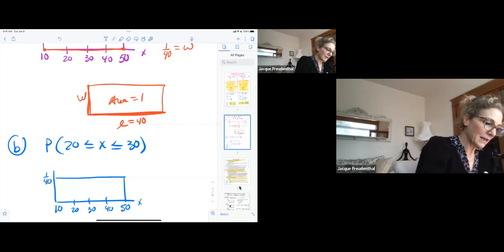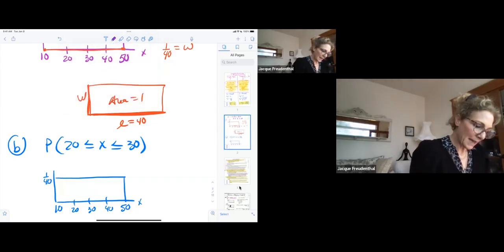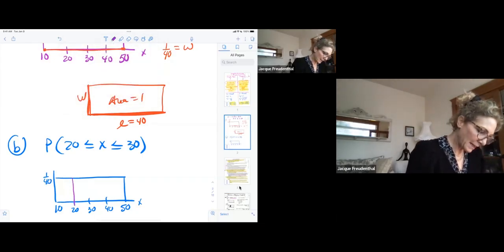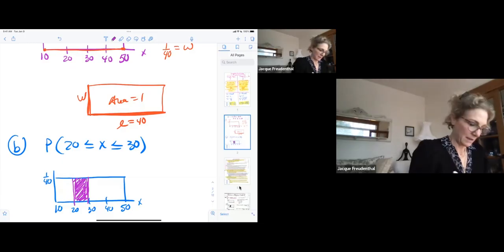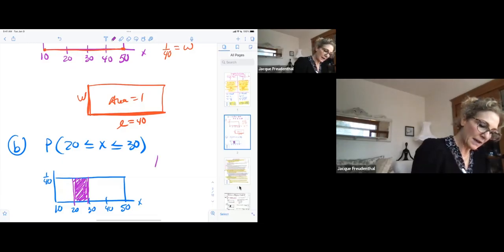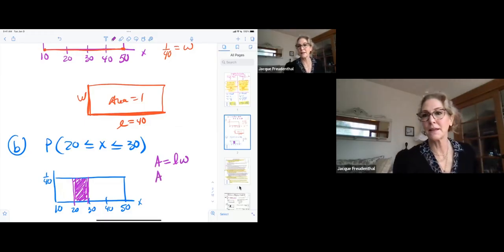And I'm going to shade. So the probability X is between 20, here's 20, here's 30, and I want the area. I know the area of a rectangle is length times width. I'm trying to find the area because that's the probability.